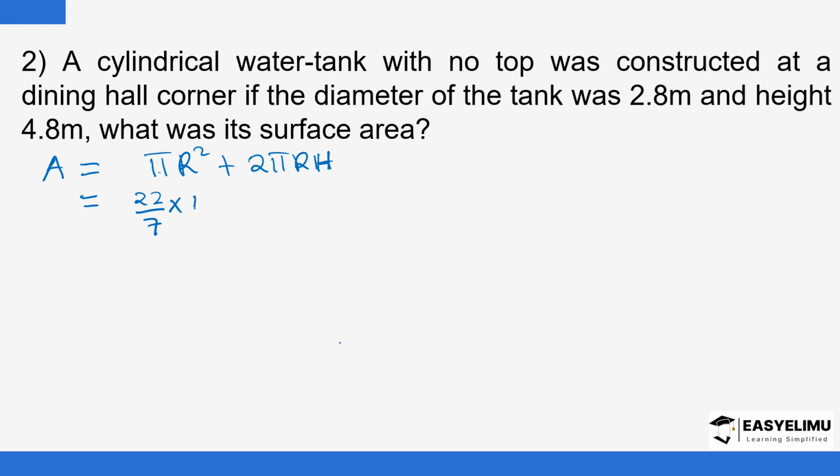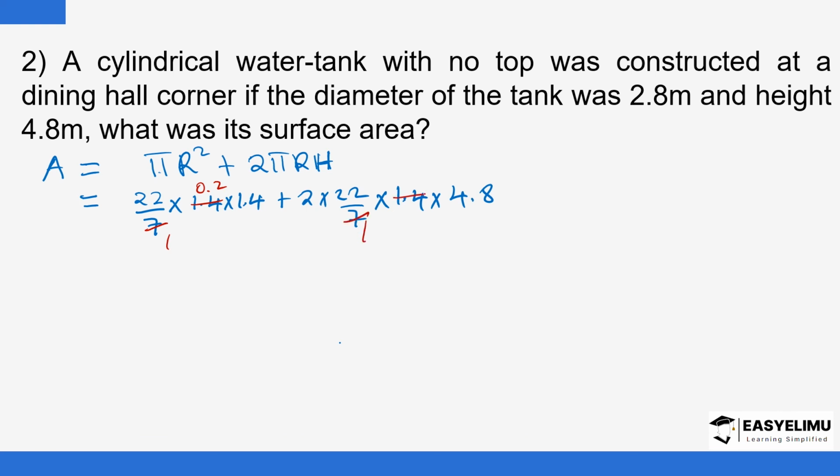So that is 22 over 7 times 1.4 times 1.4 plus 2 times 22 over 7 times 1.4, and then the height is 4.8. So again, 7 goes here, 7 goes there, 0.2. So 22 by 0.2 by 1.4.